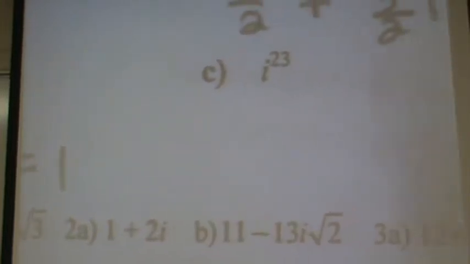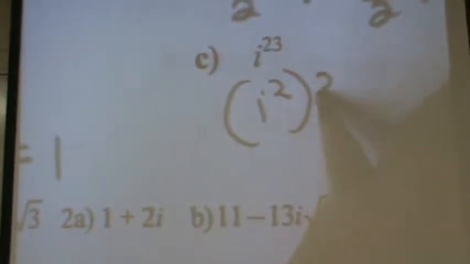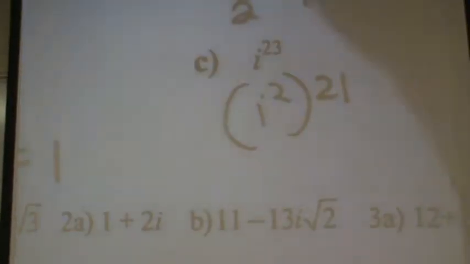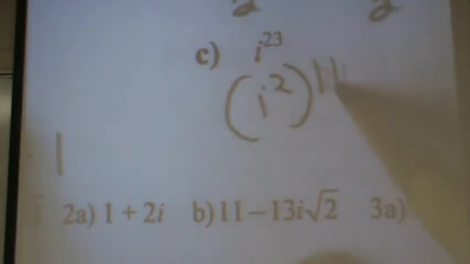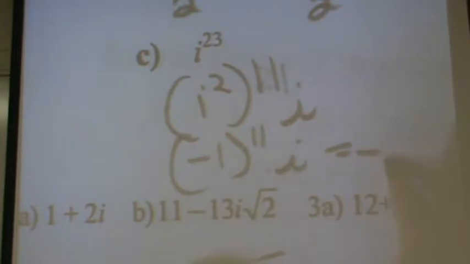Okay, how about C? 2 goes into 23 eleven times, 22 with 1 left over, 23. So this is going to be -1, 11 times is odd, so it's -1, so your answer is -i.